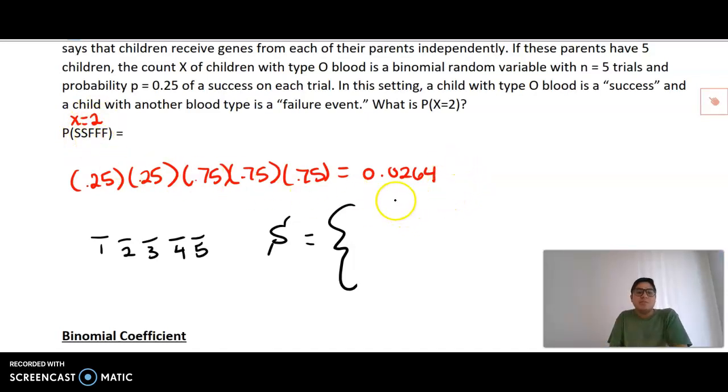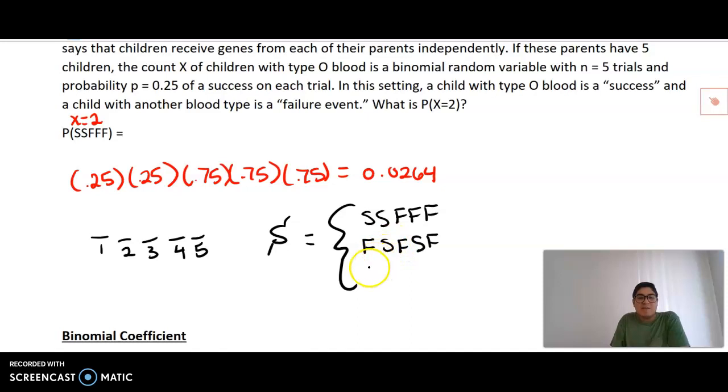In here, I'm assuming that my successes happen on the first 2 kids. That means child 1 and child 2 have O blood, but then child 3, 4, and 5 do not have O blood. Well, what if that's not the case? What if, for example, child 1 doesn't have O blood, child 2 does, child 3 does not, child 4 does, child 5 does not? That could happen.